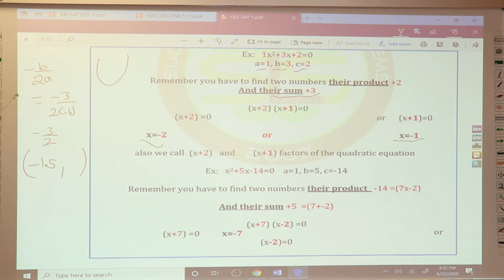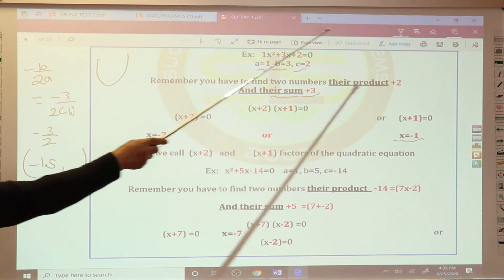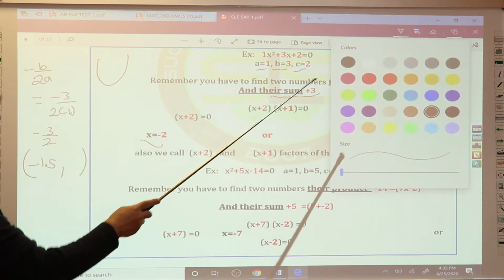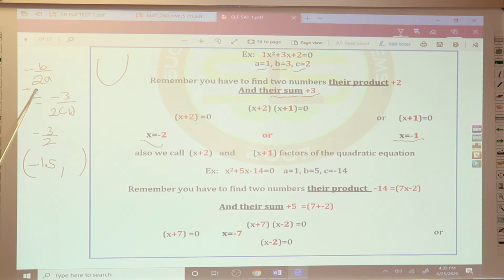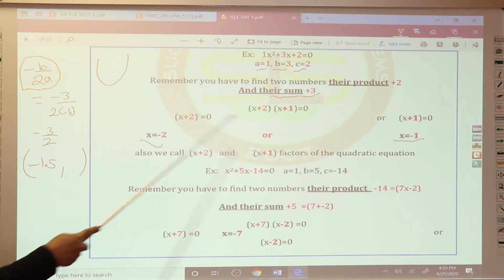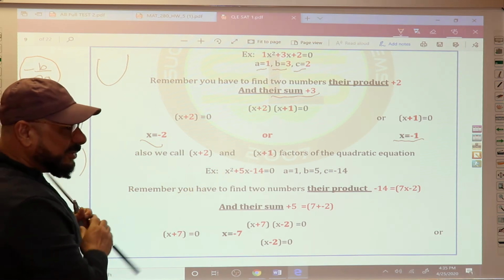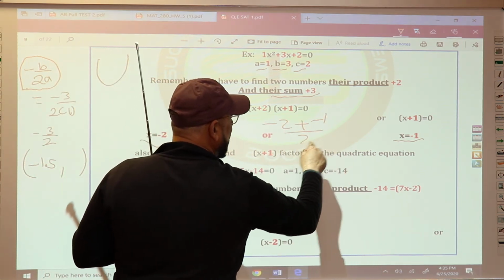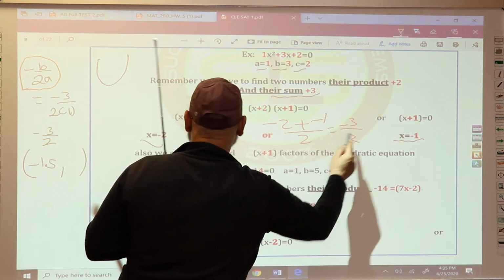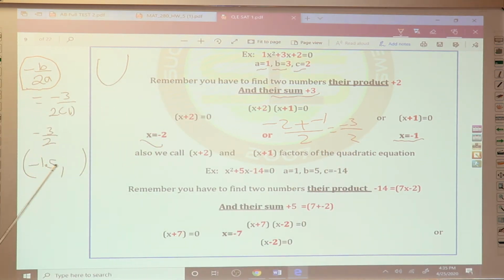Look here, I found the vertex negative b over 2a, right? I can also find it from these two roots. How? Adding negative 2 plus negative 1 over 2, which is negative 3 over 2. Which is the same, right?